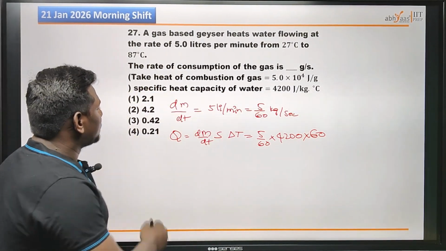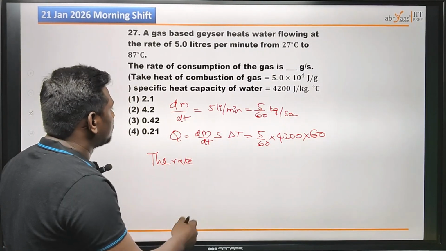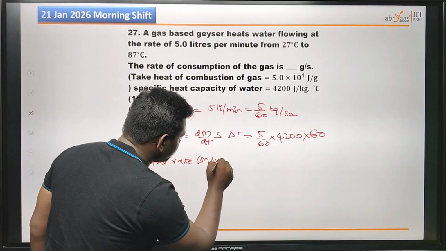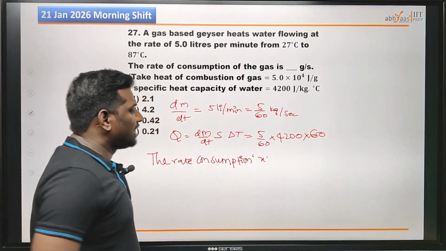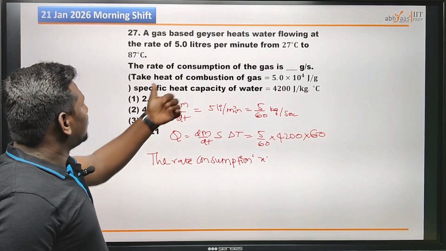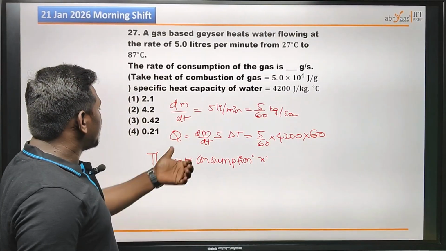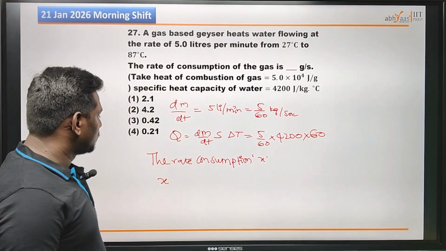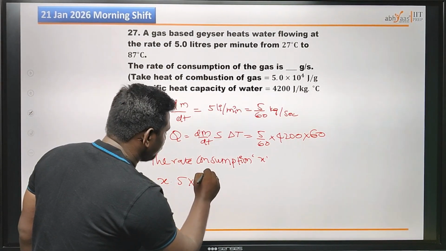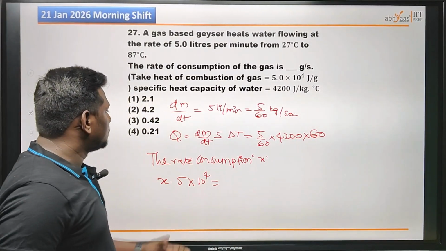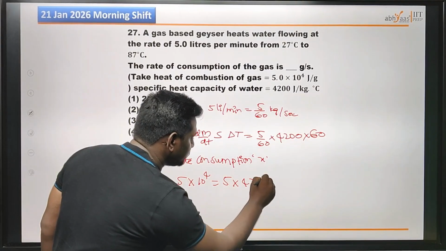So what do we have to take? Take the rate of consumption as X. So X times the heat of consumption is nothing but the heat capacity, that is Q. So X times 5 into 10 to the power of 4 joule per second, that is nothing but 5 into 4200.